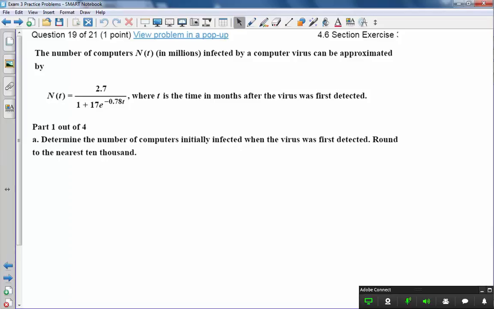It asks us for several scenarios of how the number is going to grow. There are 4 parts. If you recall, when we were doing section 4.6, we solved a similar question with Canada's population.